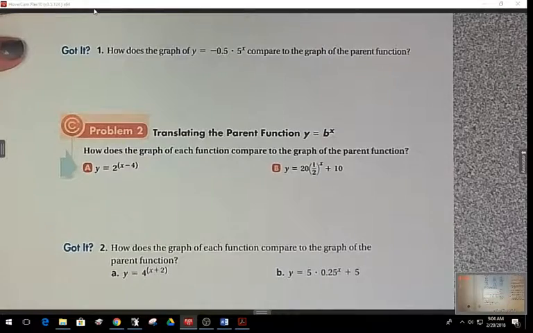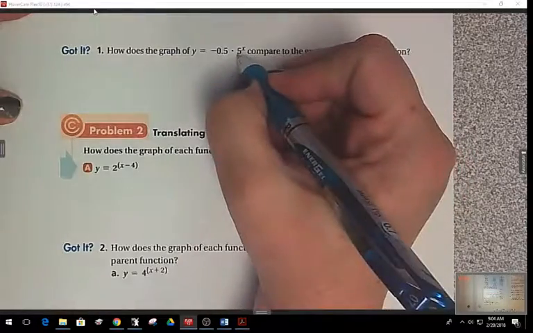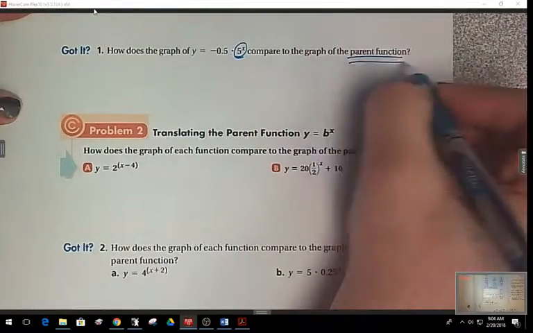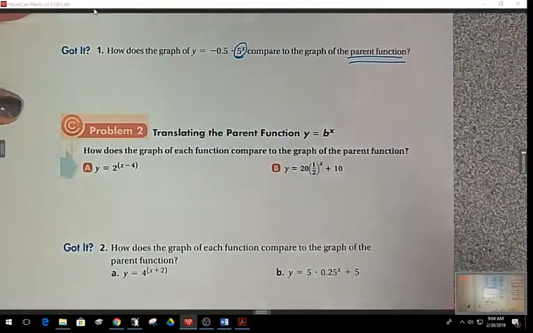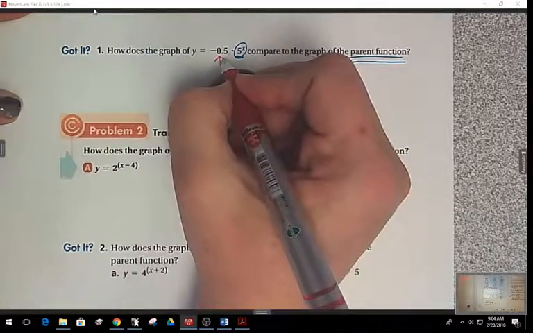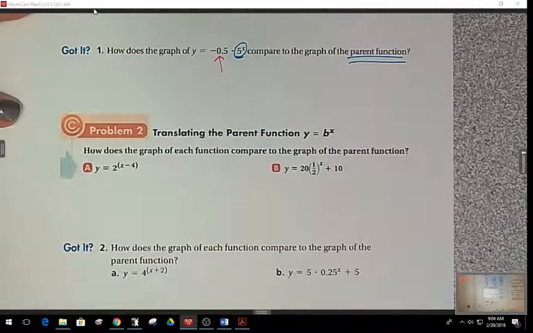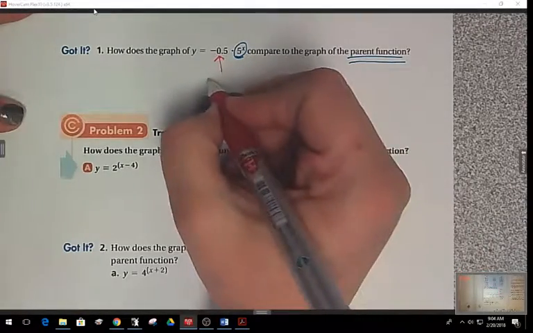So now for the got it question, how does the graph of y equals negative 0.5 times 5 to the x compare to the graph of the parent function? So once again, this is your parent function, and I want to know, what does the negative 0.5 do to it? Well, here's what we know.